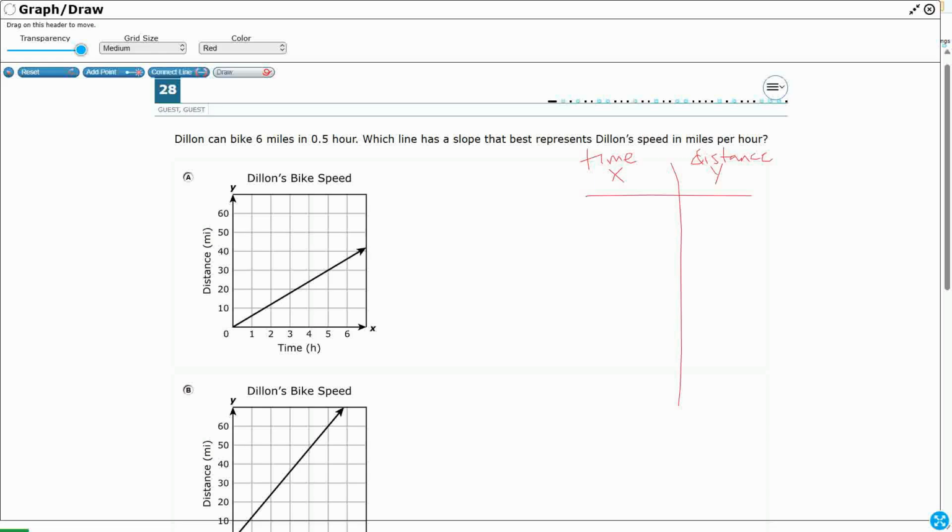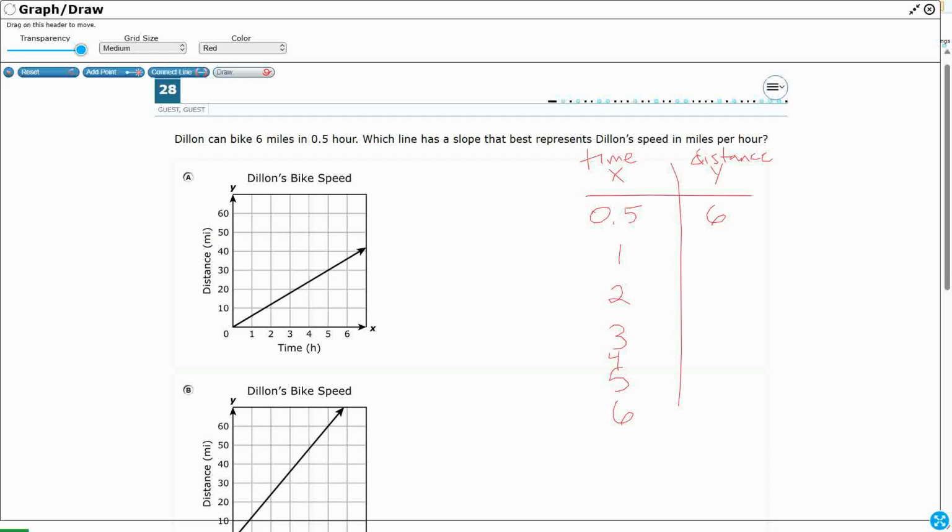I'm going to start with what we have. 0.5 is my time. My distance is 6. What I'm looking for is each of these right here. Let's get 4. Skip that one. 6. Okay.